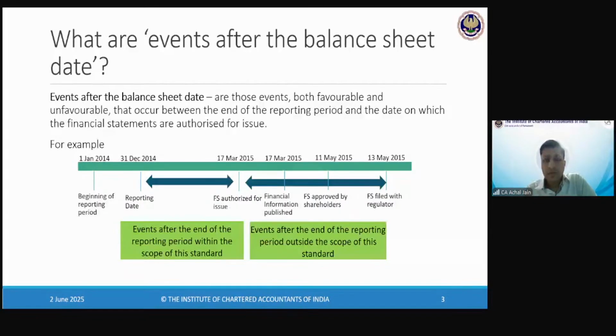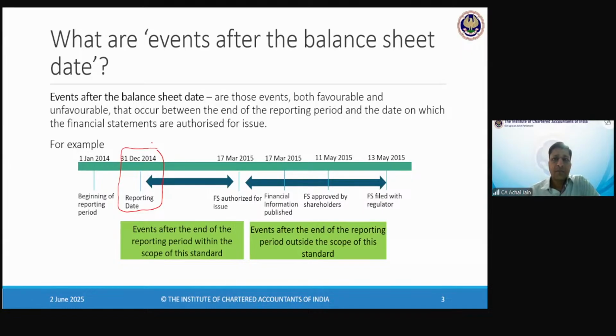Okay, so now if you look at this chart, let's try to understand what the balance sheet date is. So balance sheet date is this 31st December. Okay, so we have this calendar year as the reporting year. That's why the balance sheet date is 31st December, right?